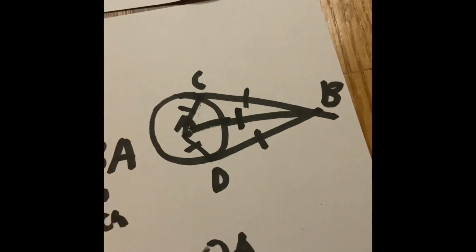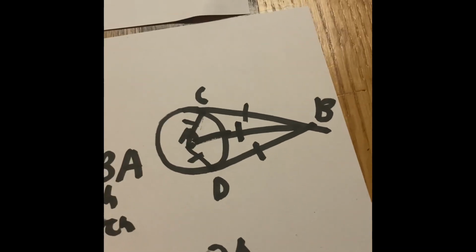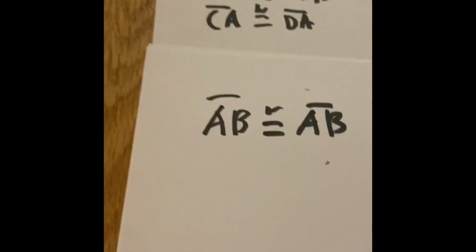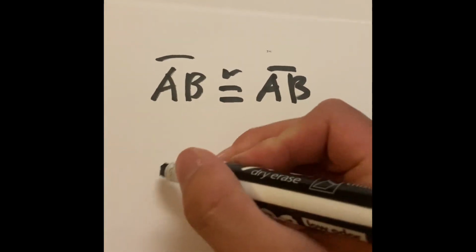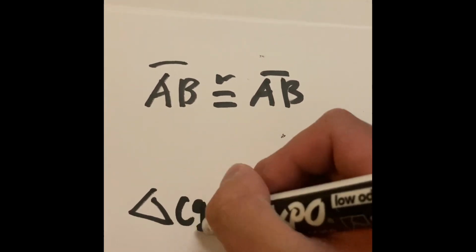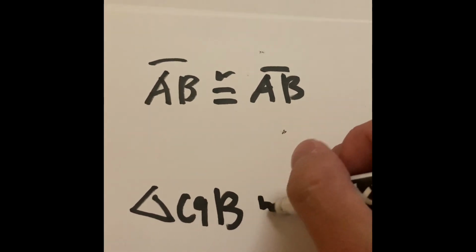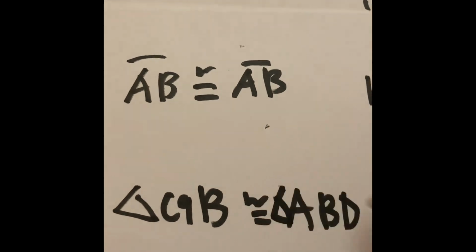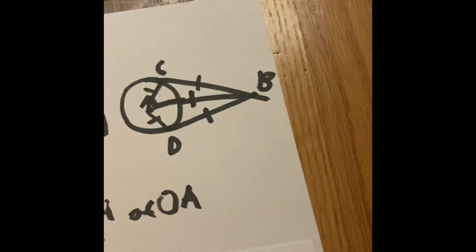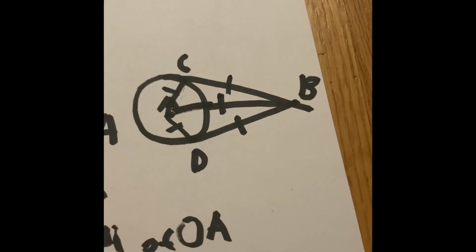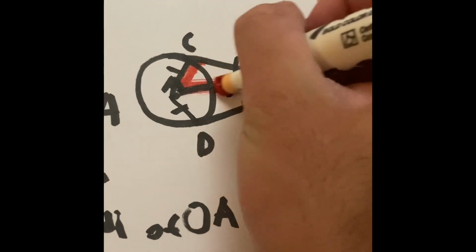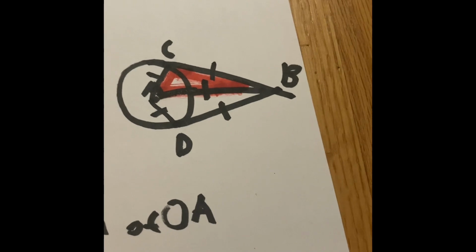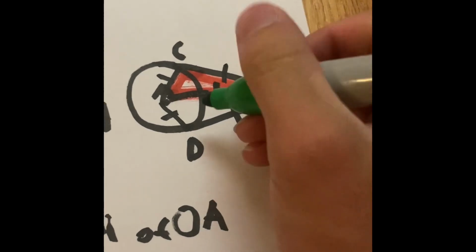But hey, we have all the parts to form congruent triangles. Now we can say triangle CAB is congruent to triangle DAB. The reason why is we have this triangle right here, and we also have this triangle right here.